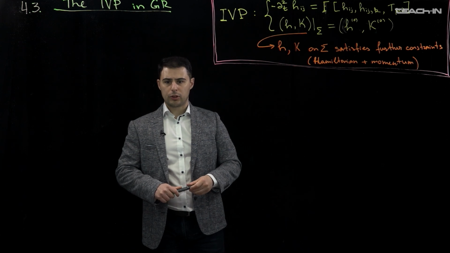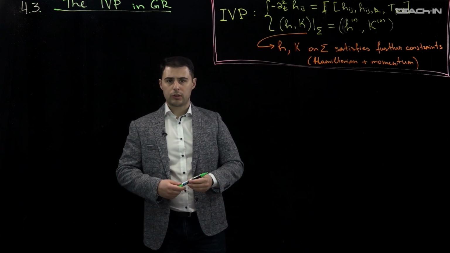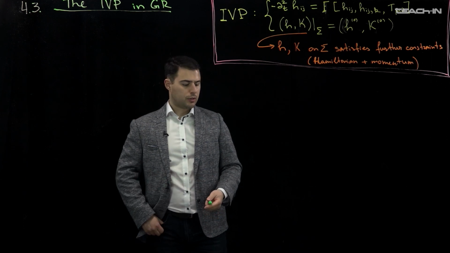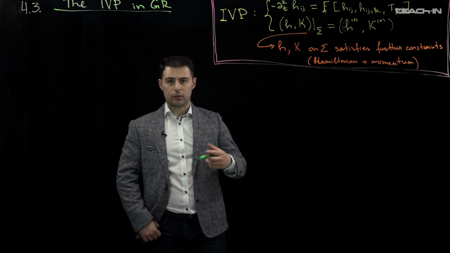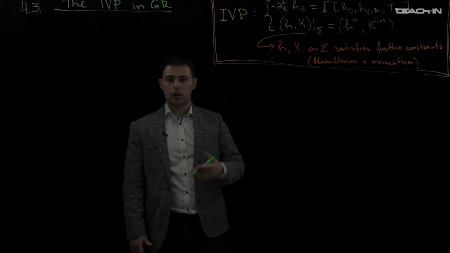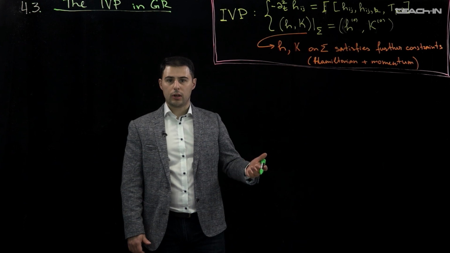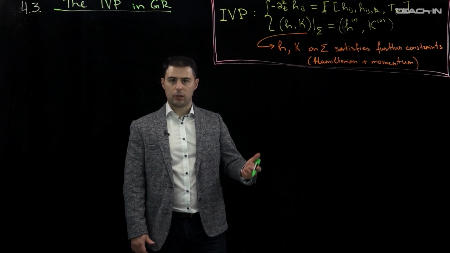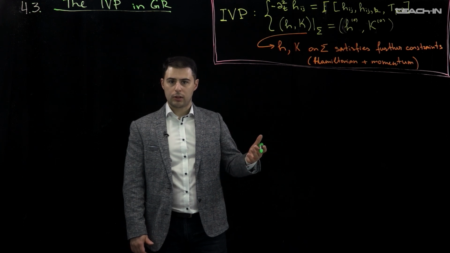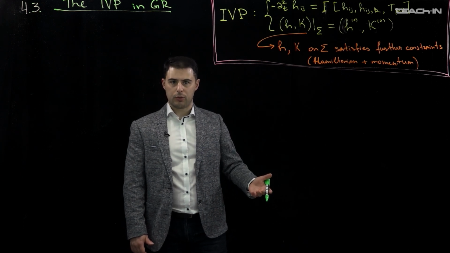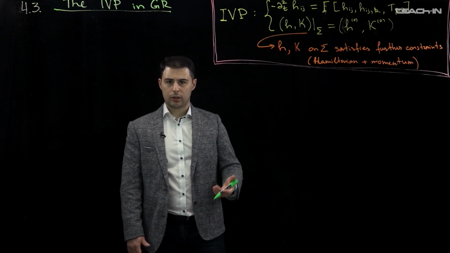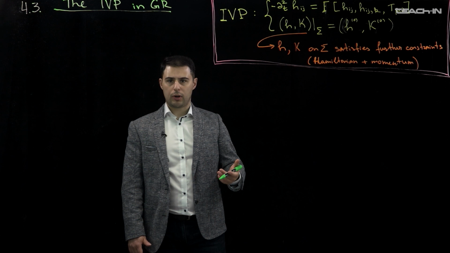So, naturally, the question is if the evolution of this data is unique, and if not, under which circumstances. And if it is unique, can we say something about global properties of the spacetime? The following result is of fundamental significance in general relativity.